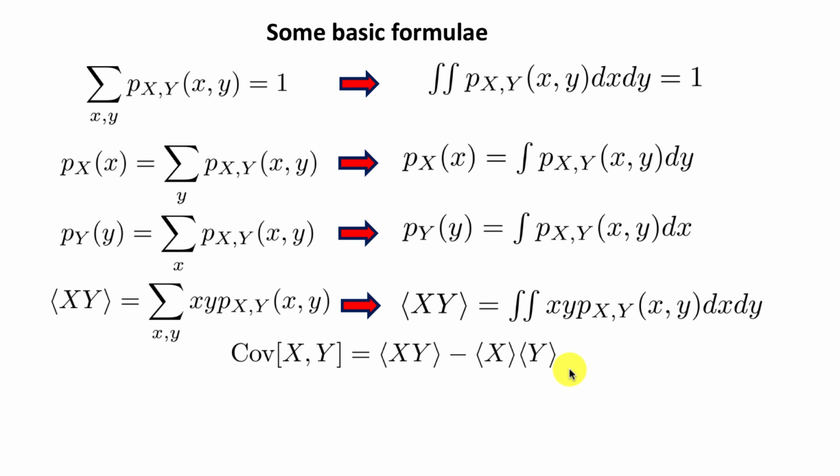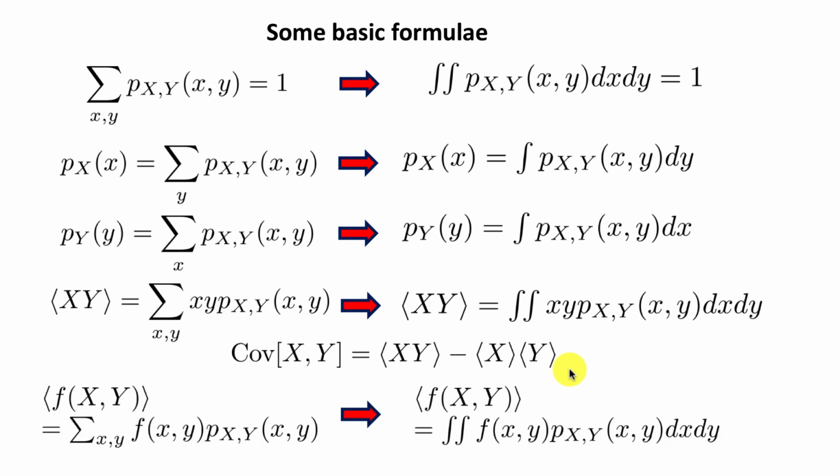In fact, it is now pretty obvious, boringly obvious, that if you have a function of the random variables x and y, any function, this could be a polynomial, this could be sine, cosine, anything, well, x takes the value x, y takes the value y, so the function of x and y weighted by the joint probability distribution function, well, you sum over x and y.